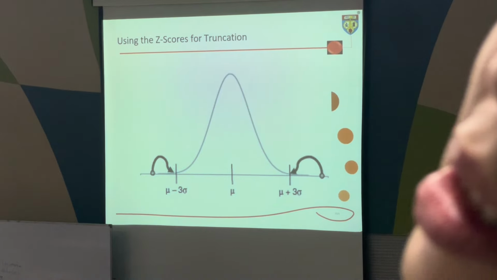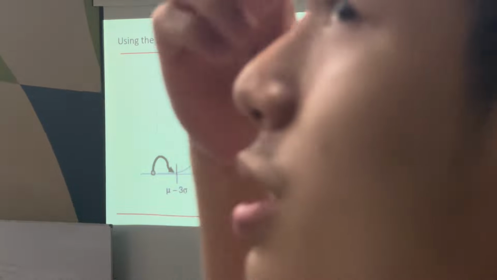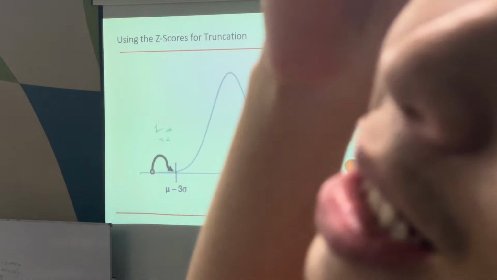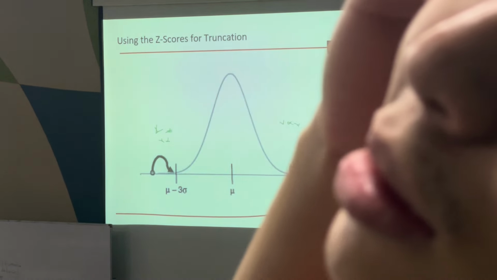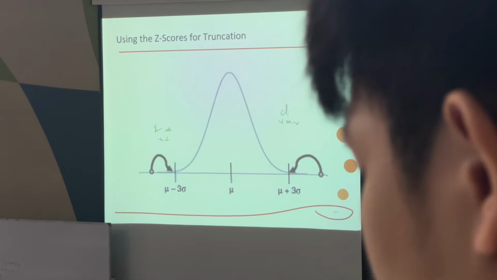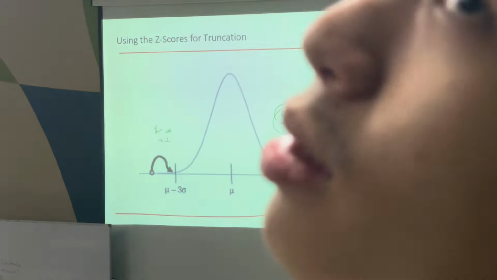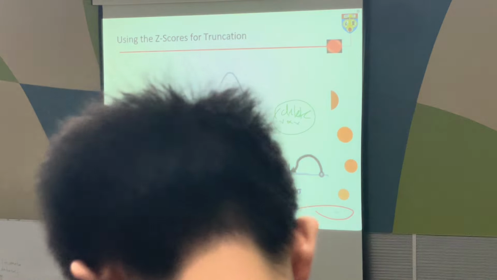So by using Z-score, if there is any value outside your limit here, automatically it will delete, truncate this value. Okay, so the standard threshold for Z-score is 3. If the Z-score is more than 3, it is an outlier.